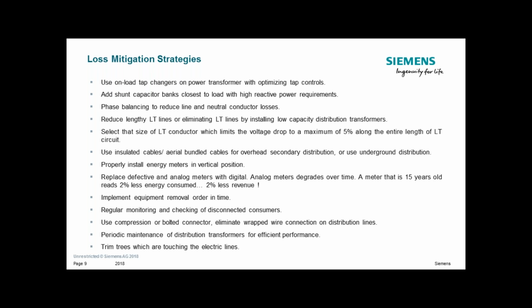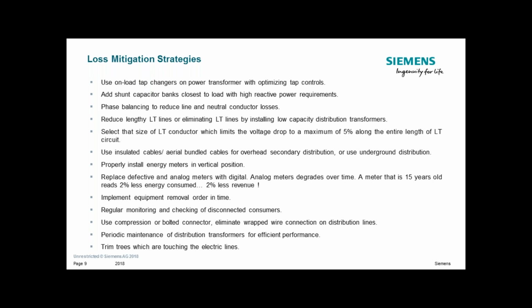So this reduces hooking in the line, because you have the energy meter installed at the transformer, so you cannot steal electricity from the distribution circuit. And also when there is a grid of medium voltage line instead of low voltage, then the line current will be reduced, and consequently the losses will also be less.